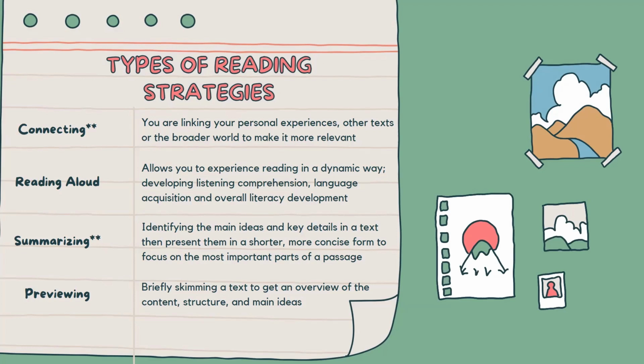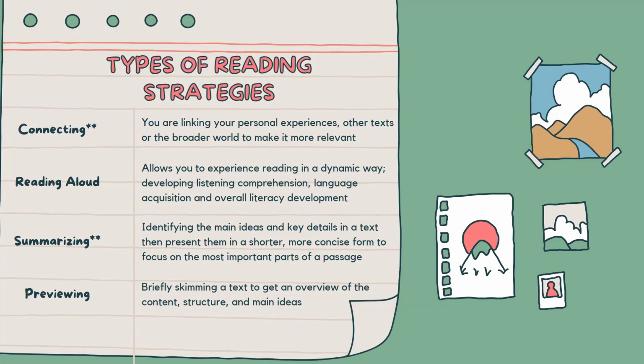For reading aloud, you are experiencing reading in a dynamic way. It is also a form of active reading. You're developing listening comprehension, you're developing your language acquisition, and just overall literacy development. So, listening comprehension: you're able to pronounce words and articulate words a lot more clearly if you are reading aloud.